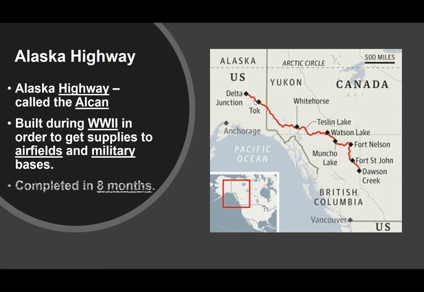And now the highway is still in use. And look at this, they completed it in 8 months. Now, how long have they been working on I-45 out here? For a long time. But this road was completed in 8 months. And so that shows you how urgent the need was to restock airfields and the military bases there in Alaska during the Second World War.